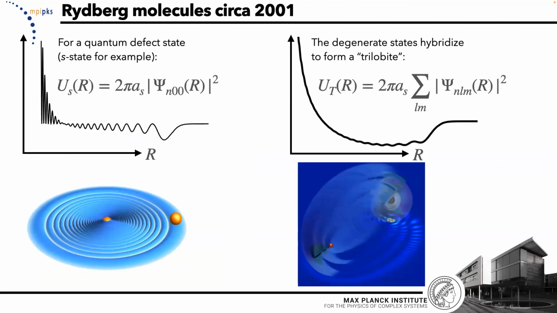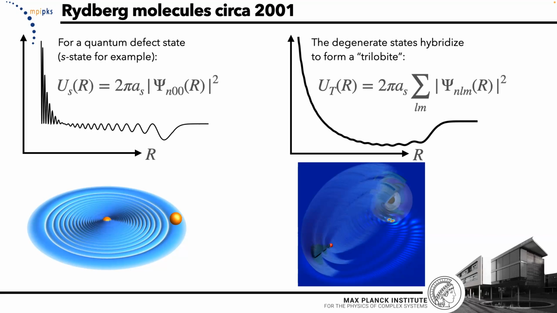So to give you a picture of what these look like for these quantum defect states, you see that the potential energy curves that come out of this combination of ingredients are quite flat on the overall energy scale, but have these rapid oscillations caused by the wiggles in the Rydberg electronic wave function.